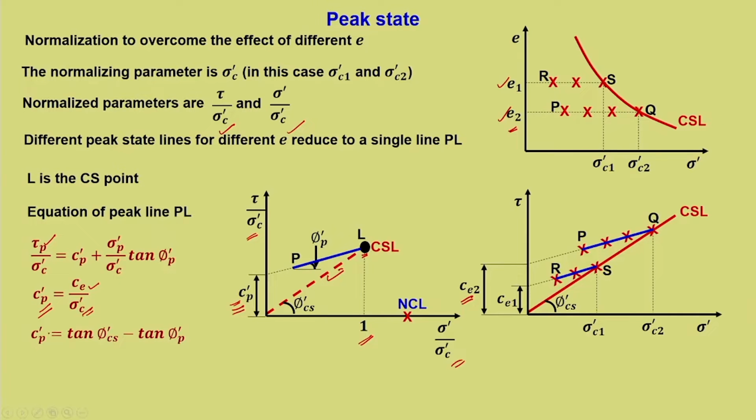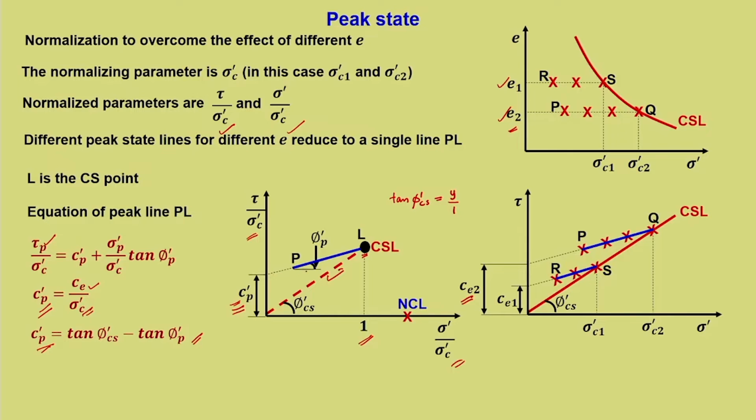We can also write C dash P is equal to tan phi dash CS minus tan phi dash P. How this is possible? Now, this expression is possible only on the normalized plot. Why? Let us consider tan phi dash CS. This is the triangle inclination tan phi dash CS. So, tan phi dash CS is equal to, let us take this distance as y upon 1, because this is 1.